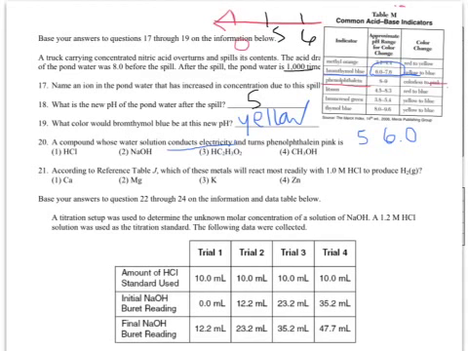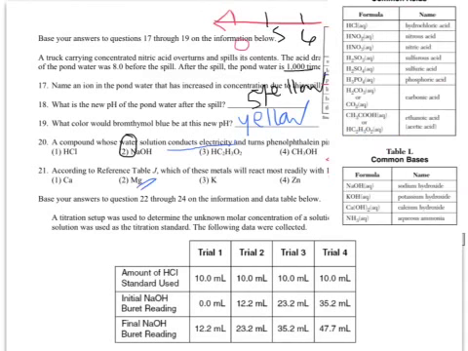Now, when phenolphthalein is pink, since pink is the rightmost color, it's going to be the rightmost pH or higher. So that means a pH of 9 or higher. We recall that a pH of 9 corresponds with a base. So now we must refer to reference table L to see if we can locate a base. So here on reference table L, we'll notice that sodium hydroxide is found and is a base.